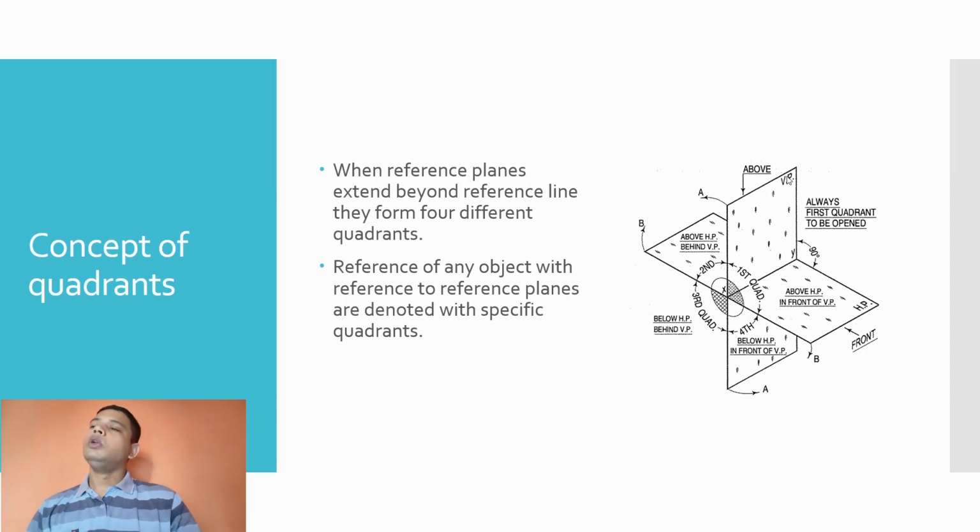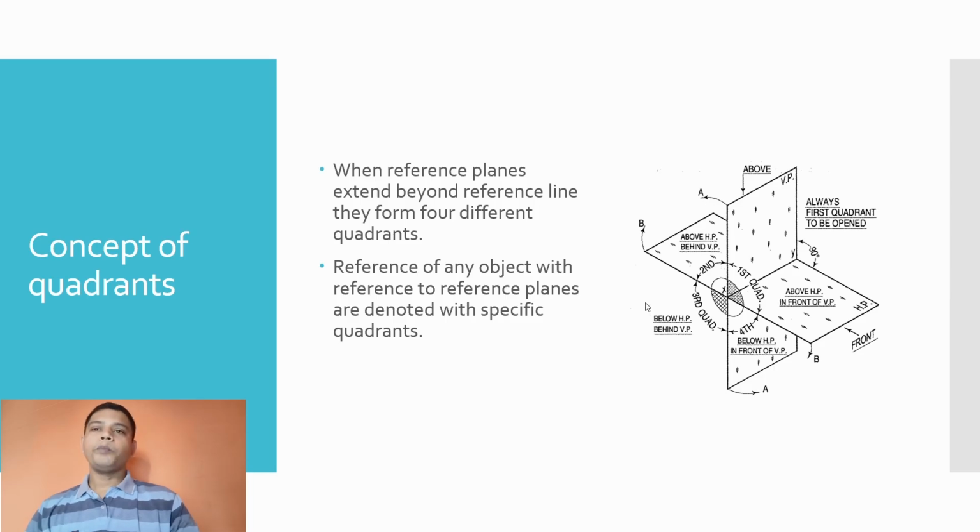Now come to the concept of quadrants. When reference planes extend beyond the reference lines, they form 4 different quadrants. The position of any object with reference to the reference planes is denoted with specific quadrants. This is a very vital thing. You have to understand that whenever two planes intersect each other, they form 4 different segments, and each segment is called a quadrant.